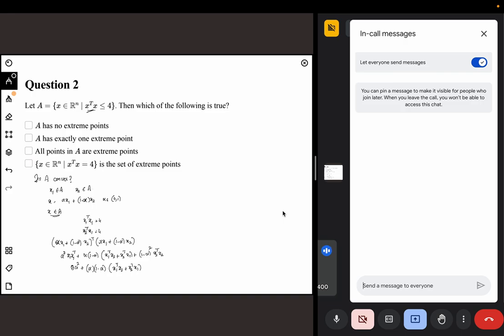You can directly see, even without solving all of this, that this may or may not be equal to 4.